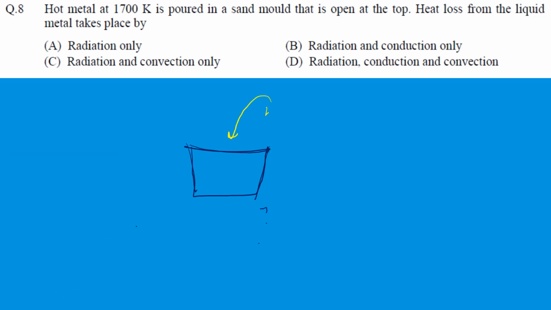Suppose this is your hot metal which we are putting, right? So what are the different types of heat losses which take place? So guys, suppose this comes here, right, and it goes to the bottom and covers this surface, right? So it is getting in contact with this surface, right?